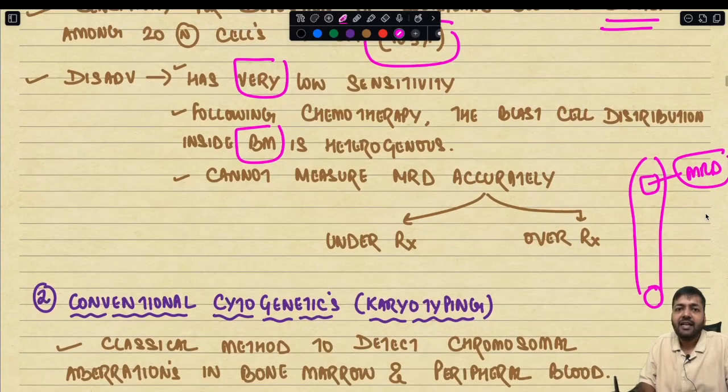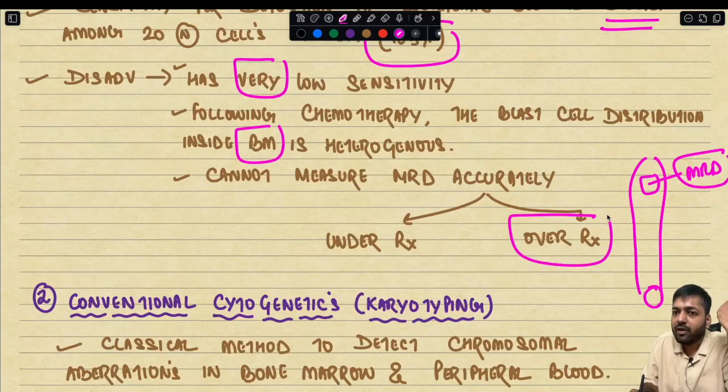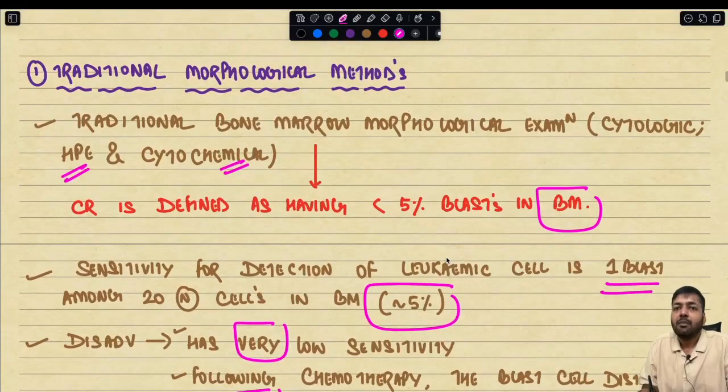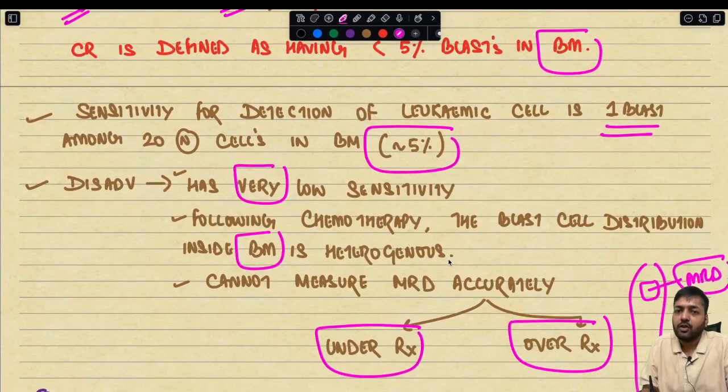It cannot measure the MRD accurately, and therefore, if you overdiagnose the MRD, you can give over treatment, more treatment to the patient. If you fail to detect MRD, then you can give under treatment to the patient. So since MRD cannot be accurately measured by the traditional morphological method, it is no longer used. It is the least sensitive method.